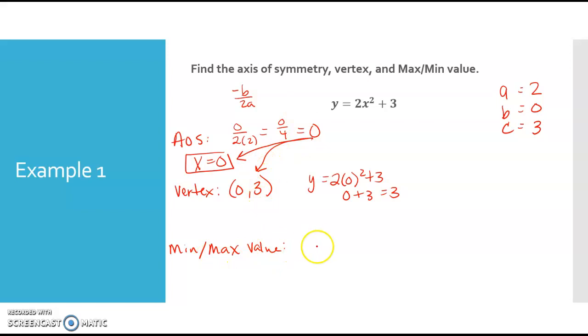My min-max value, that's the y value. Because it's positive, right? Positive, we know that we have a minimum. And my minimum is at 3. I just go to the y value of the vertex, and that's it. So really, we're just finding vertices, and it's giving us 3 answers.